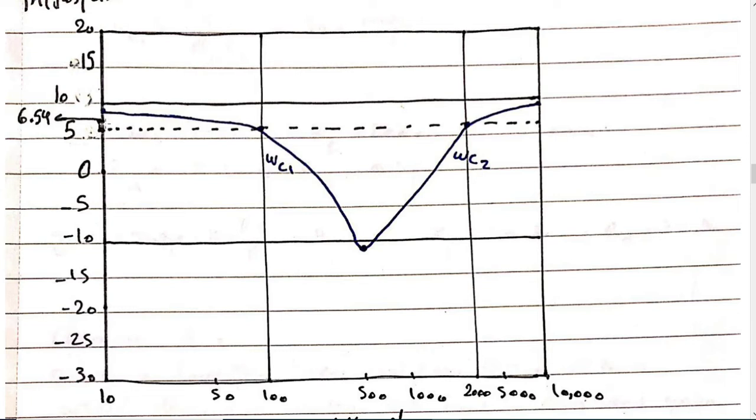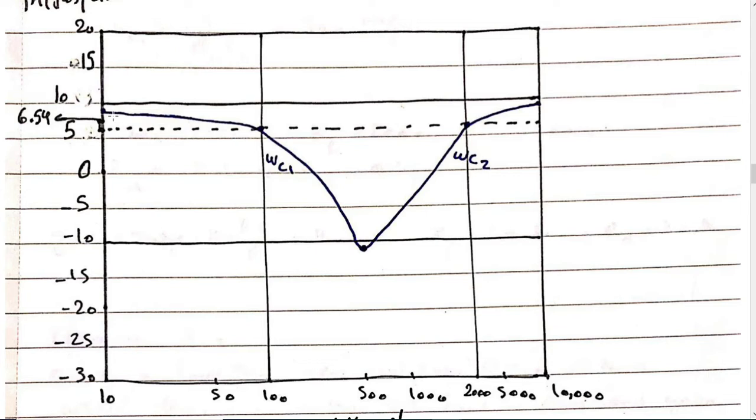Because we have two cutoff frequencies, this is 3 dB down, which is 6.54. The first one is the lower cutoff frequency, and the second one is the higher cutoff frequency. Is that clear? So 3 dB below the maximum value. So what is the maximum value for this one?